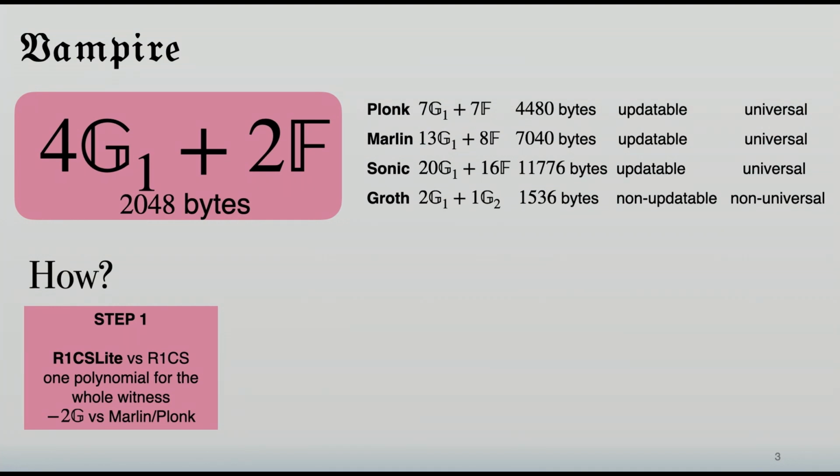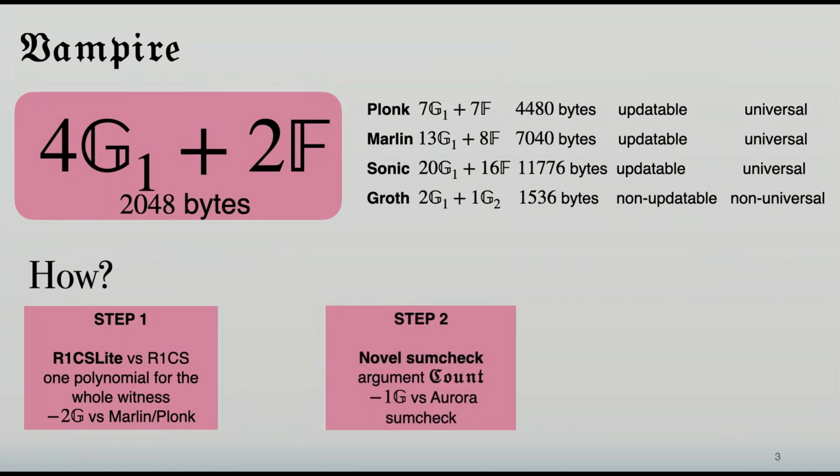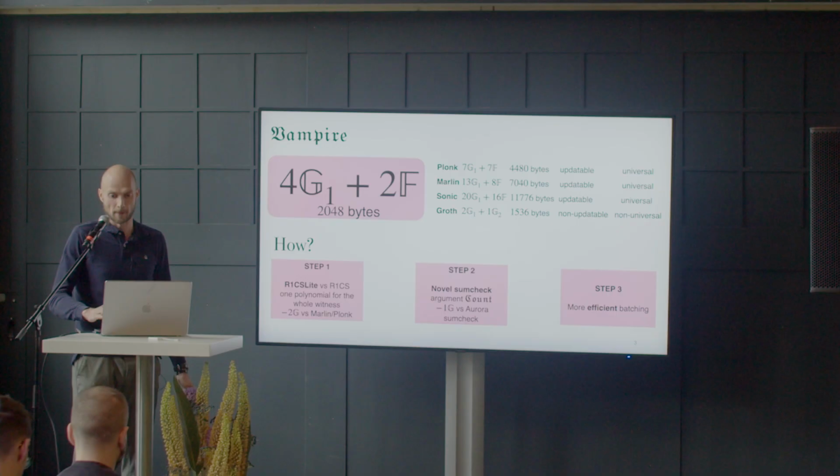That allowed us to shave like 2 group elements versus PLONK, or even 3 group elements versus Marlin. We introduced a novel sum check argument called Count, which allowed us to shave like 1 group element versus the Aurora sum check, which is used, for example, in Marlin. And we also used a more efficient way of batching polynomial commitments.